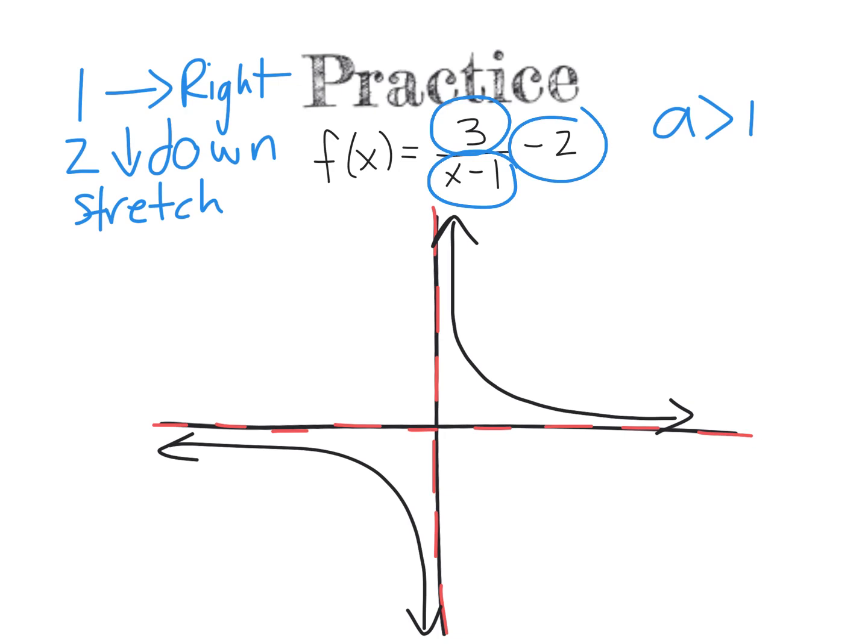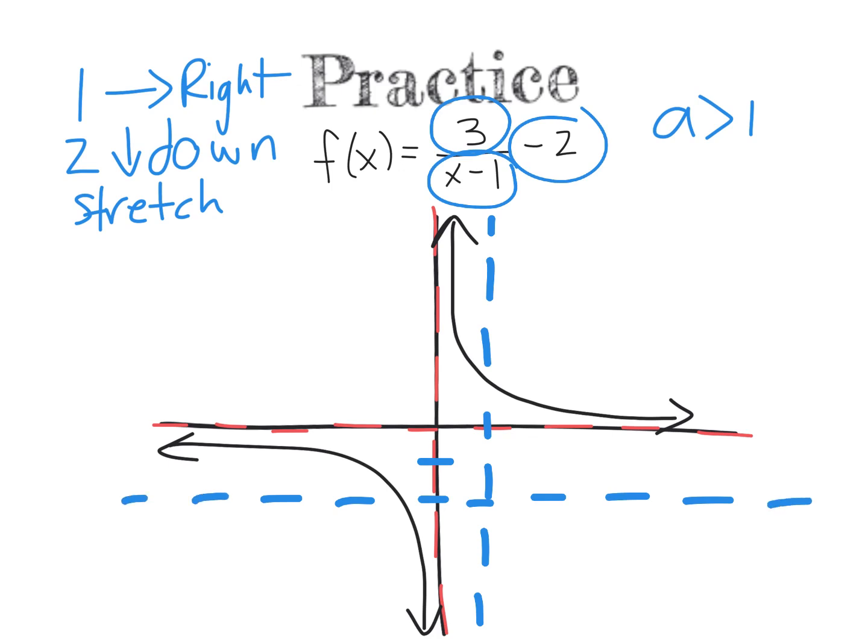So let's draw these asymptotes and let's see how this looks. Hopefully it's better than my previous picture. So 1 unit to the right. So I have a vertical asymptote here. My horizontal asymptote, it's 2 units down. 1, 2. Okay?